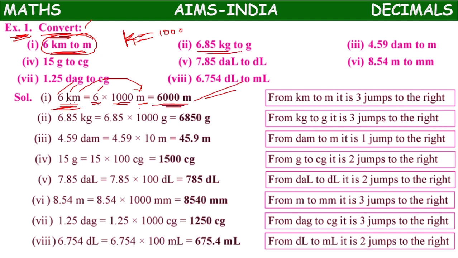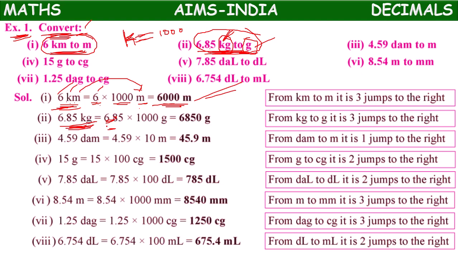Next, 6.85 kilogram to gram. Kilogram, we have to change it to gram. So we have to remove K. But we should not simply remove K. For removing K, we have to use its proper value.